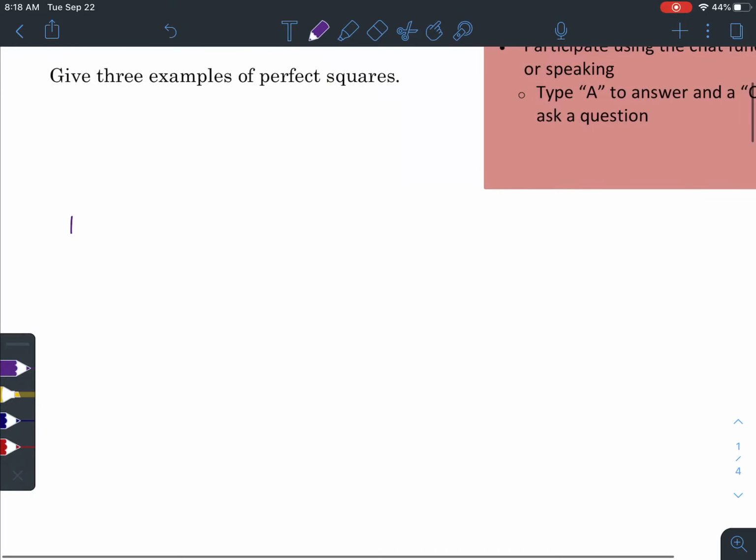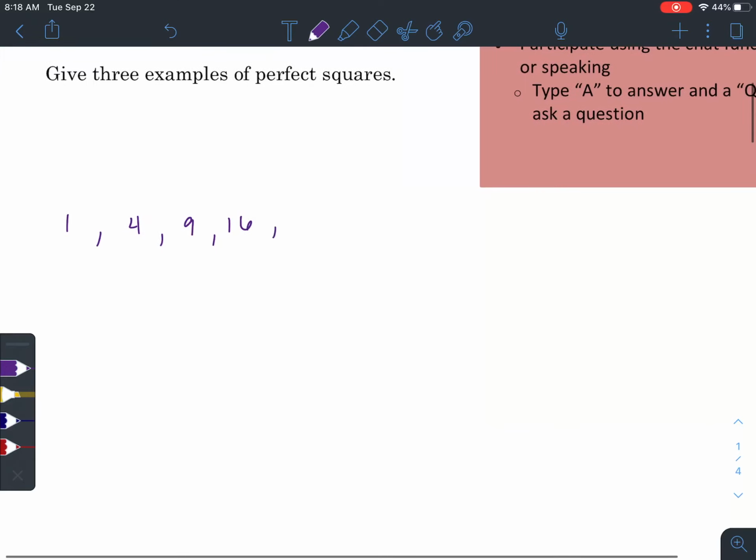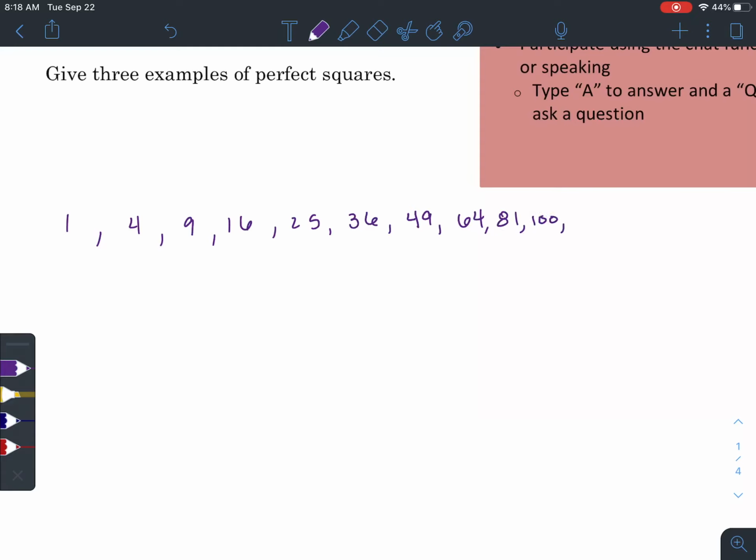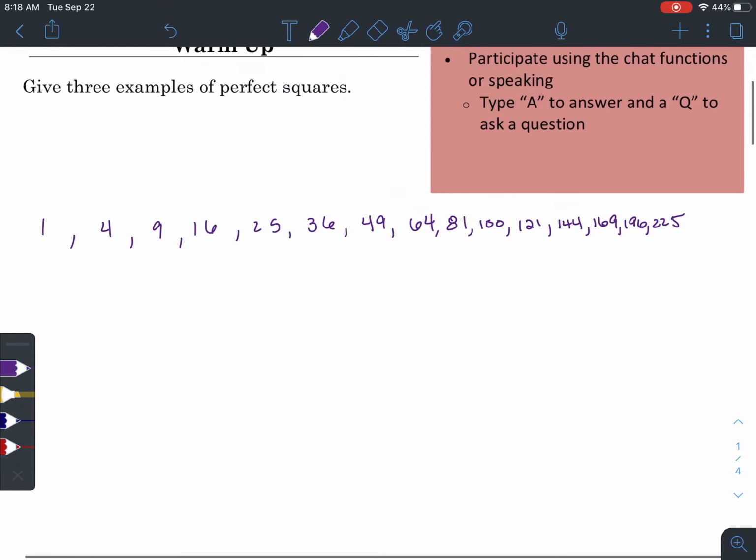So we got 1, 4, 9, 16, 25, 36, oops, my bad, I skipped one. 49, 64, 81, 100, 121, 144, 169, 196, and 225. If you got any of those numbers for the warm-up, that is correct.